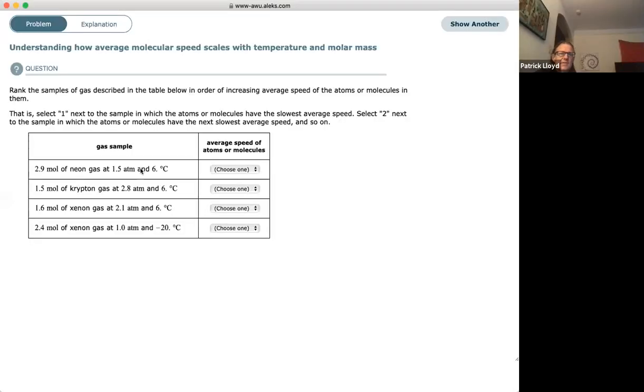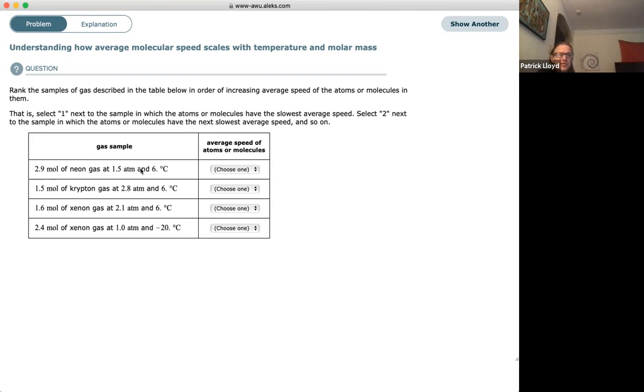So now we can do the first question on Alex, which is an understanding of how average molecular speed scales with temperature and molar mass. So speed, average speed, temperature, and molar mass. Those are the three quantities in that one equation.